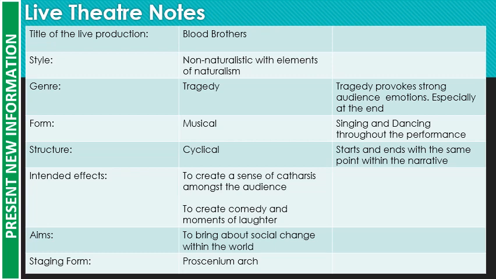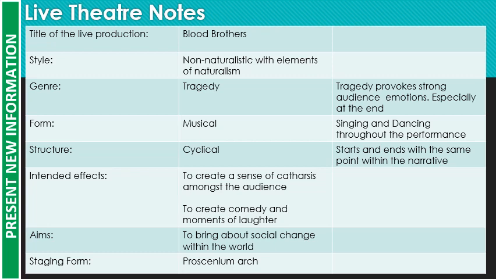The structure is cyclical. It means that it's in a circle, so it starts and ends at the same point within the narrative. The intended effects, then, is first to create a sense of catharsis amongst the audience. When I talk about catharsis, it means a sad, quite strong, powerful emotion at the end of the play.